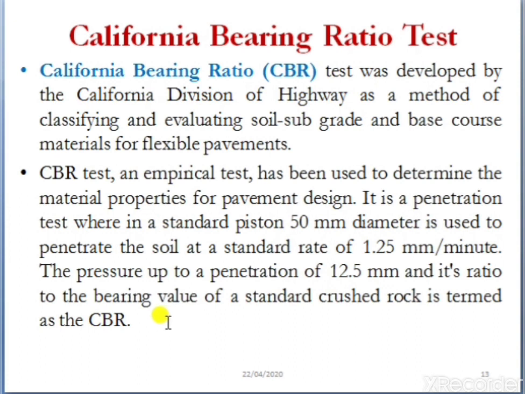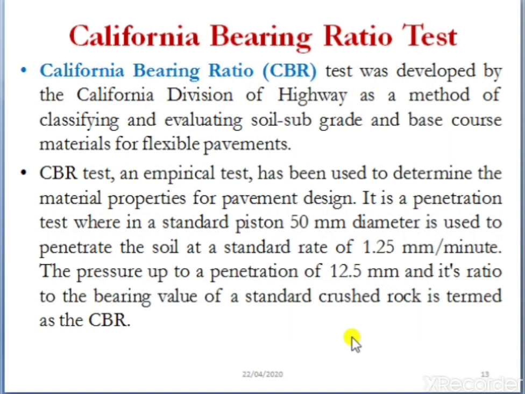Okay, now let us see what the CBR test is. CBR stands for California Bearing Ratio test. It is a penetration test developed by the California Division of Highways for evaluating the stability of subgrade soil and other pavement materials.